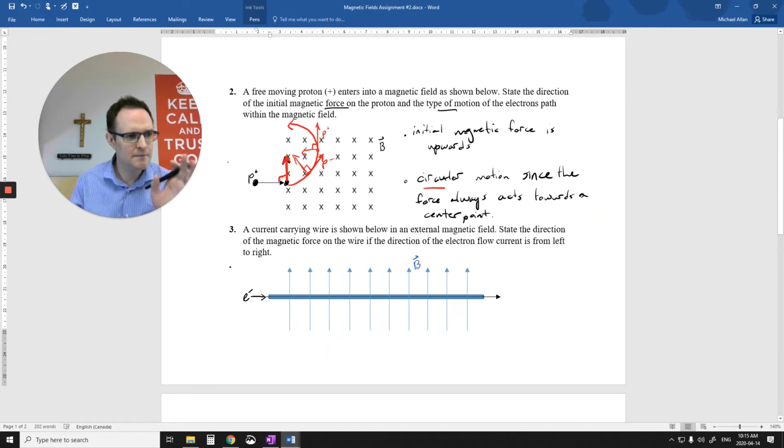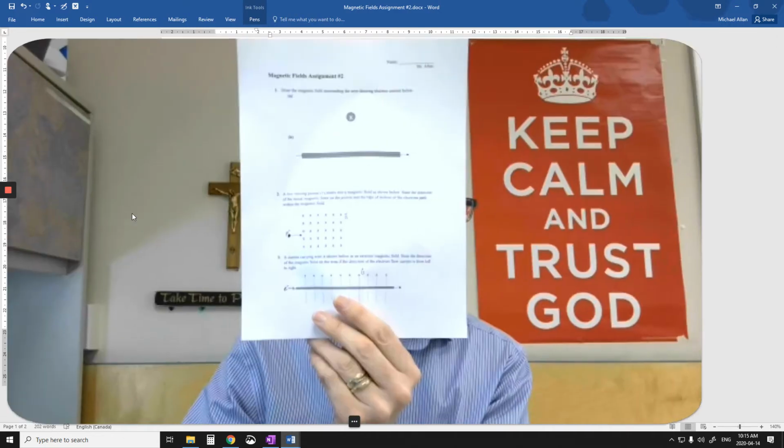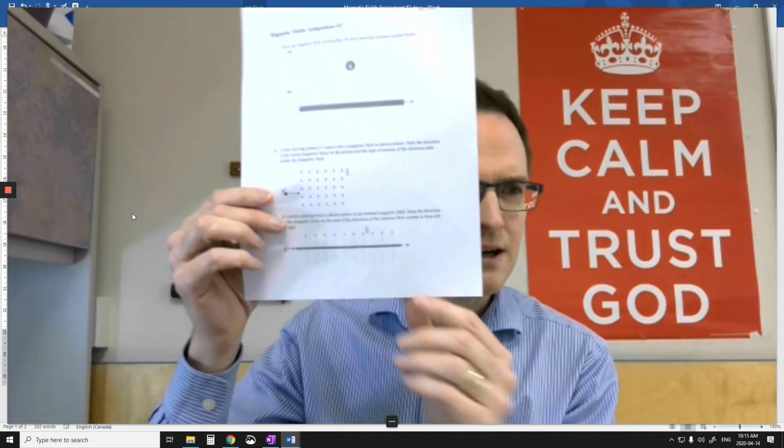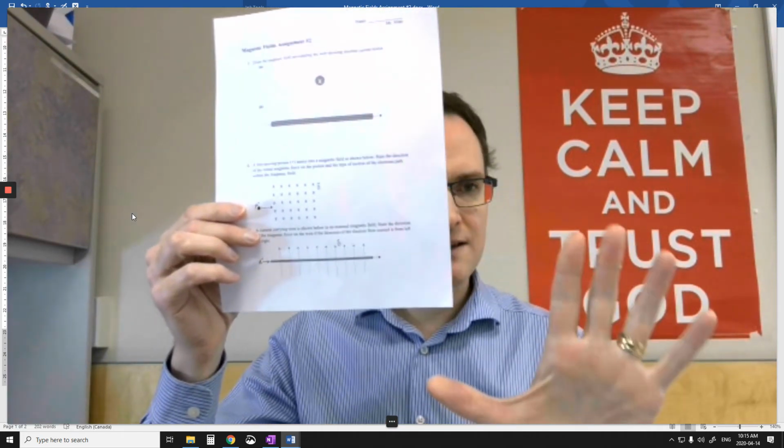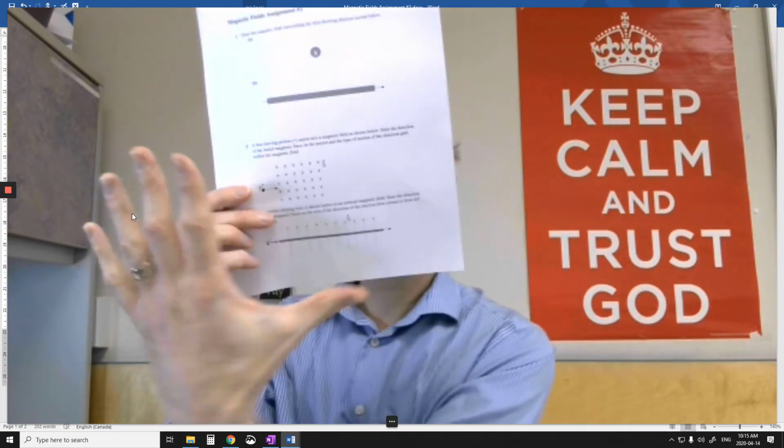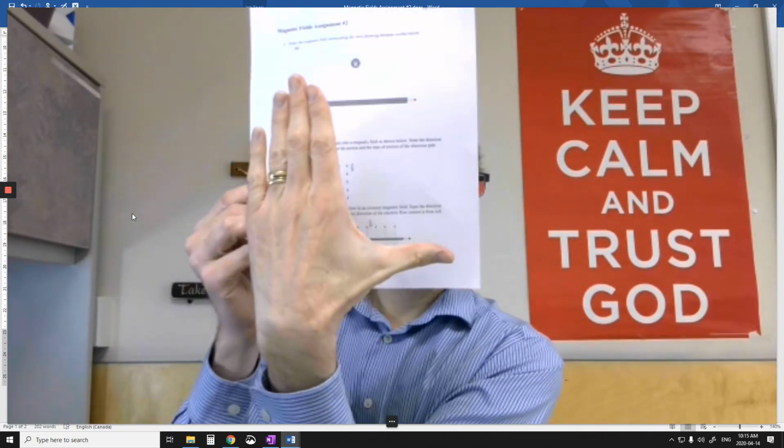A current carrying wire is shown in an external magnetic field. They show me that's electron flow here, and the magnetic field. What's the direction of the magnetic force? They just tell me the current flows from left to right. So you pull out your picture again. I'm going to use my left hand. My thumb is going to go in the direction of the current.